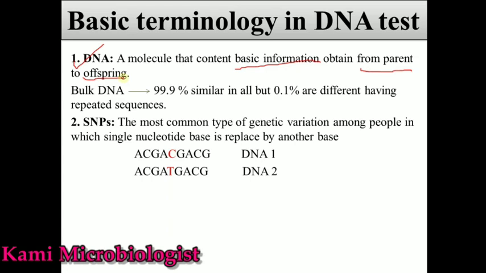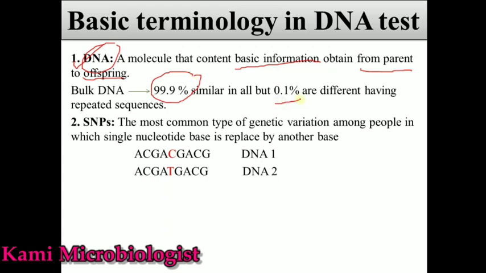So when we know a person's identity, we mostly know it by this DNA. Remember guys, inside the DNA, 99% of the portion is similar in all persons. So we can say that in all persons 99% of the area of the DNA is similar, but 0.1% is different.